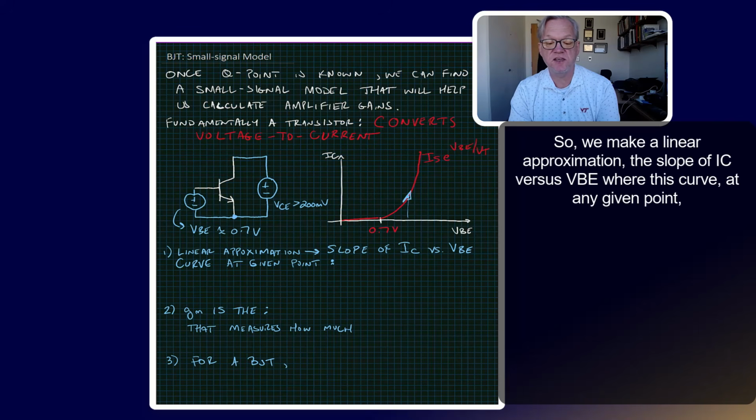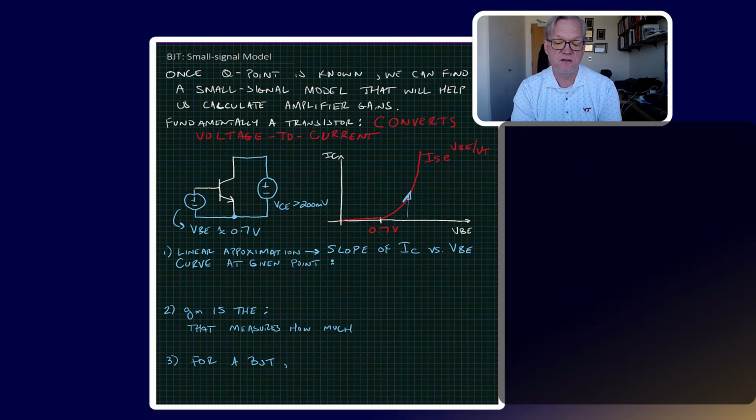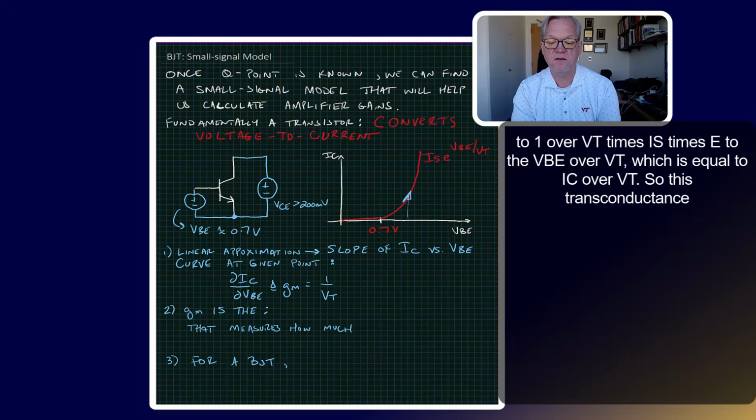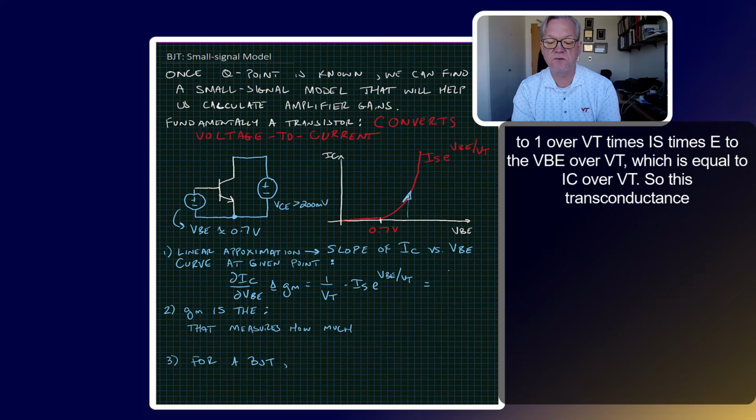The slope of IC versus VBE for this curve at any given point, dIC by dVBE, is defined as our gm, and this is equal to 1 over VT times IS times e to the VBE over VT, which is equal to IC over VT.